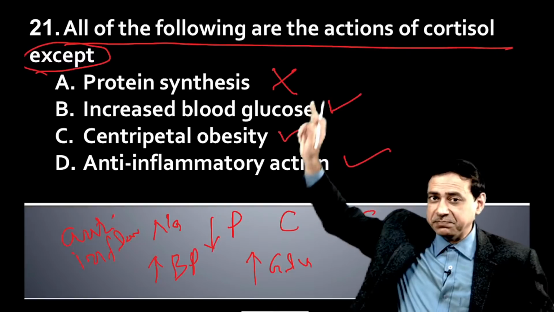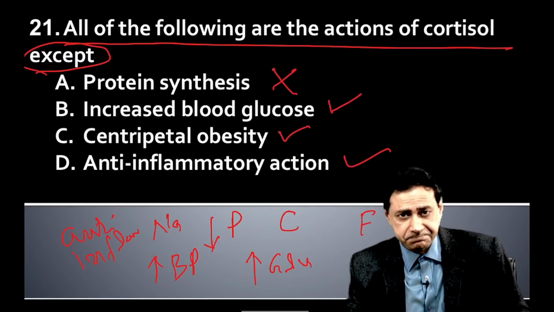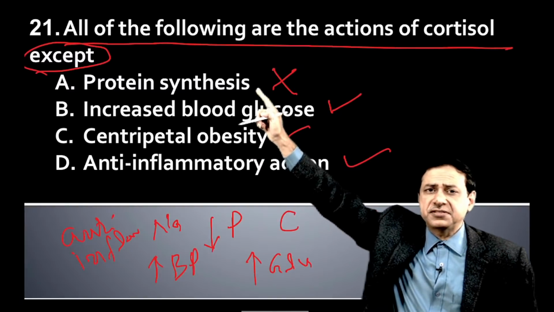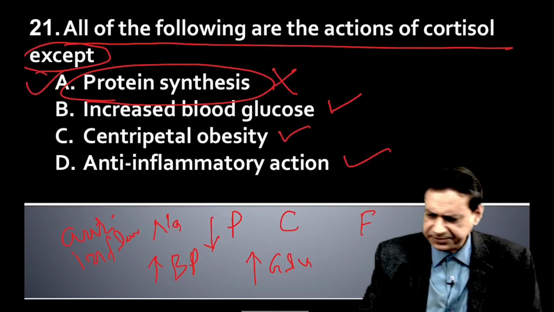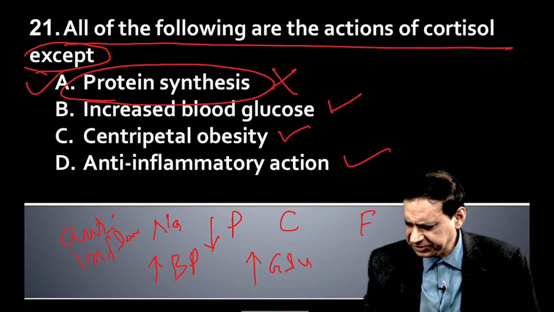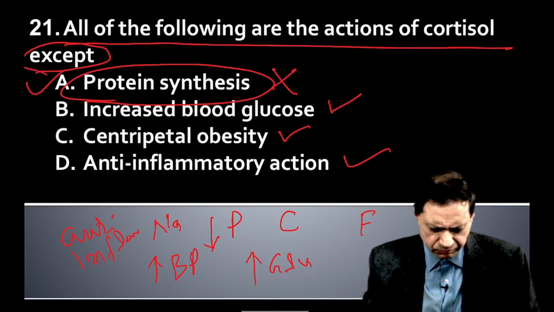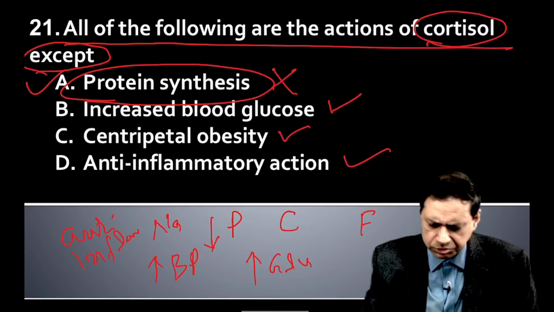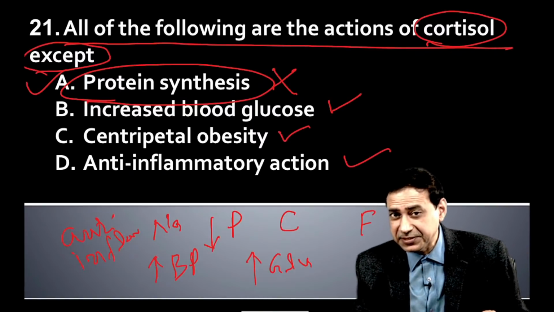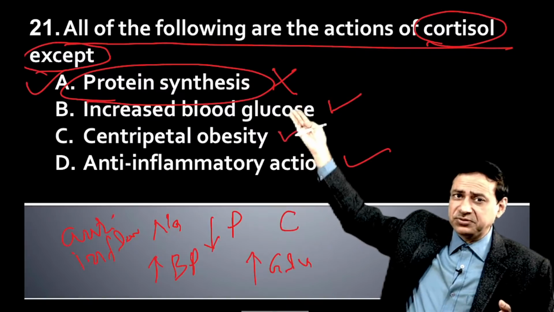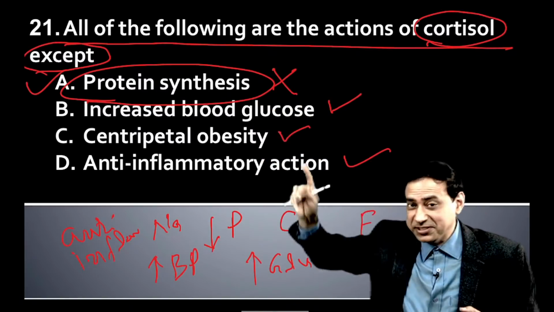Cortisol will make the bones weak and it will lead to the production of stria. Protein is not synthesized, protein is lysed. This is the answer. Okay? Cushing syndrome: more cortisol will lead to Cushing syndrome, less cortisol, Addison's disease. So if cortisol is more, glucose increases, centripetal obesity, and stria, protein is lysed.